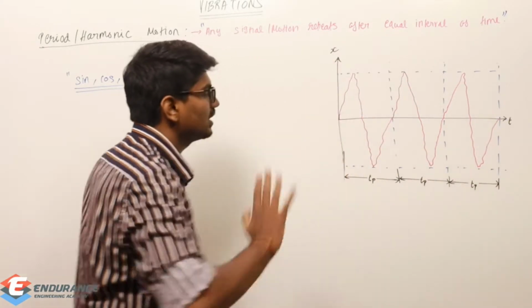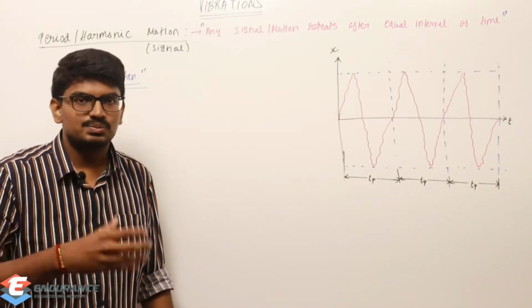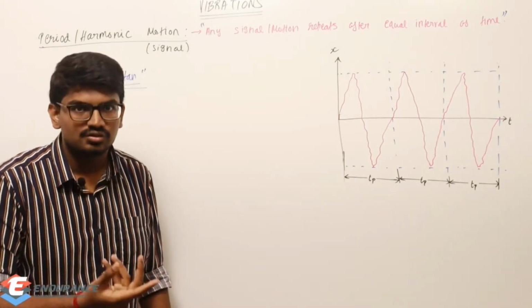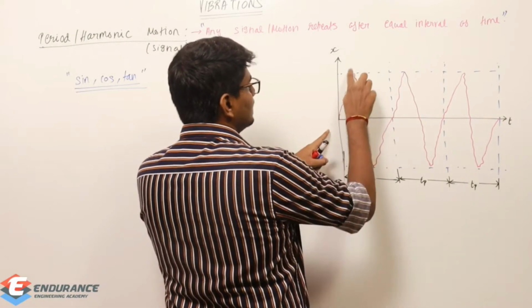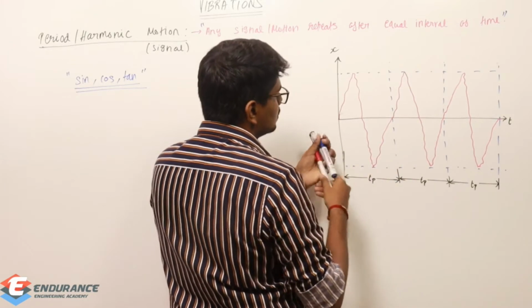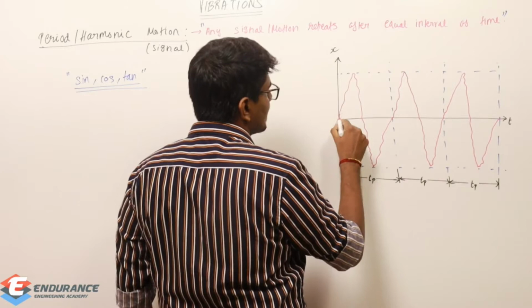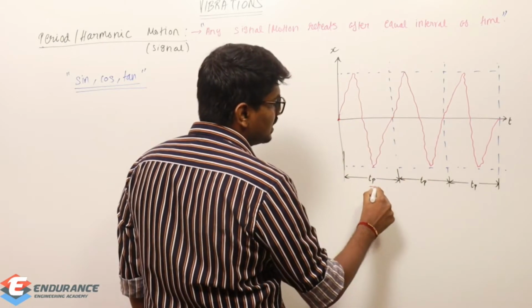So as of now, I am plotting a graph between x and t. x is some component, maybe acceleration, displacement or velocity, which is a function of time. As you can see here, x is increasing and then decreasing, reaching a negative minimum, then increasing to the same value. So from 0, it reached positive maximum, then 0 again, negative minimum, then 0 in a time period TP.